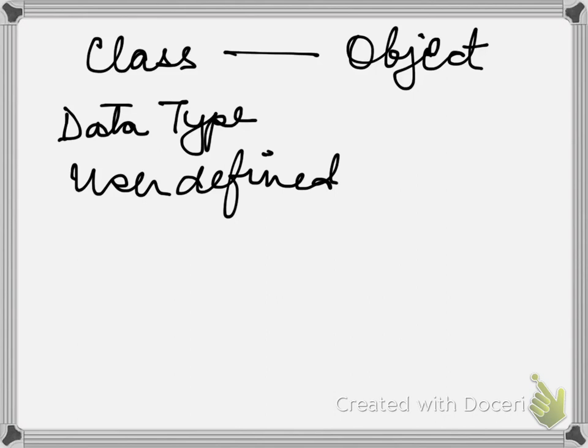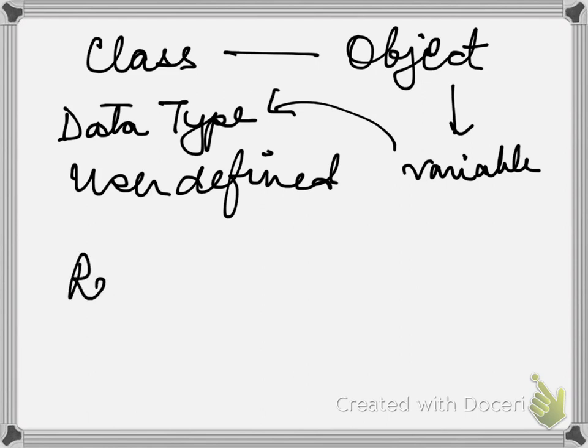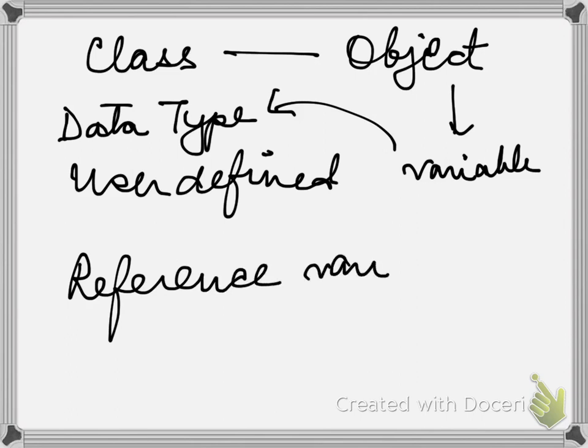You can say that an object is a variable of this user defined data type. Now these objects are different from the variables that you declare using your primitive data types. That is because these are a special type of variable, and these are known as your reference variables.